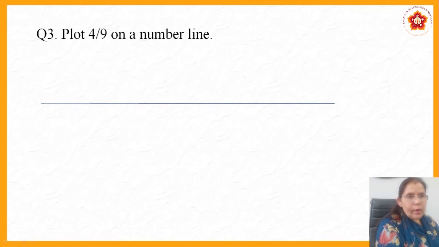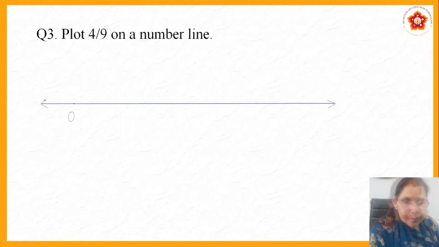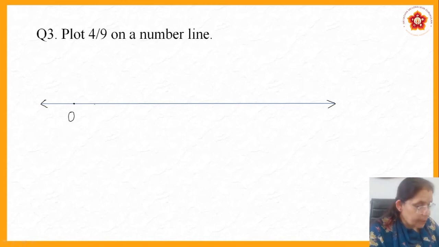Now let's see more. Plot 4 by 9 on a number line. Now I have to divide it into 9 equal parts. That means 8 points have to be taken. So you can use your scale and start marking equal distance points. First point after 0, this is the first point, second, third, fourth, fifth, sixth, seventh, eighth and this is 9th.